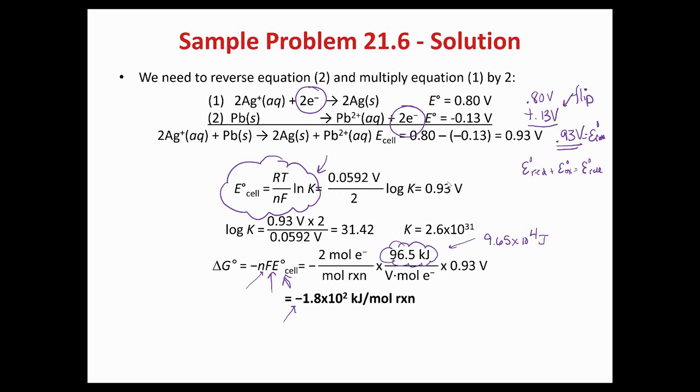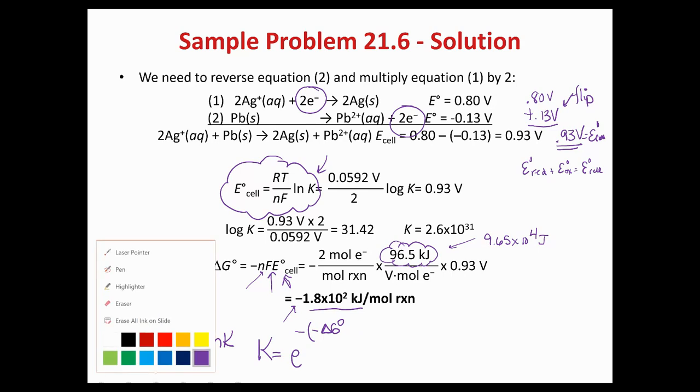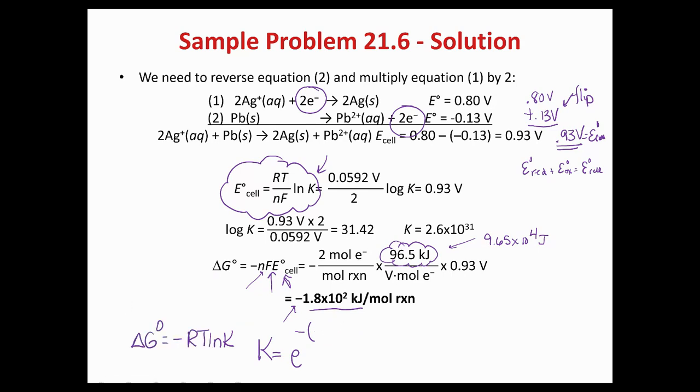So keep in mind, I can tell you what I would have done: once I had my delta G, I would have done this. Delta G naught equals negative RT ln K. And I would have done this: K equals e to the negative delta G naught over RT.